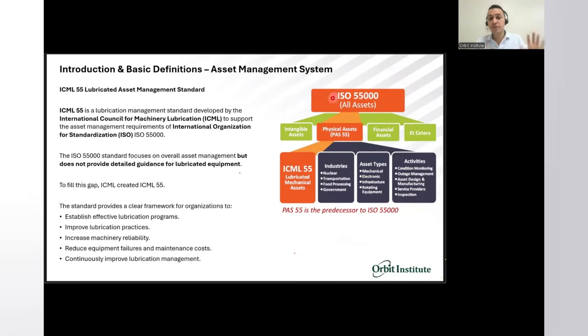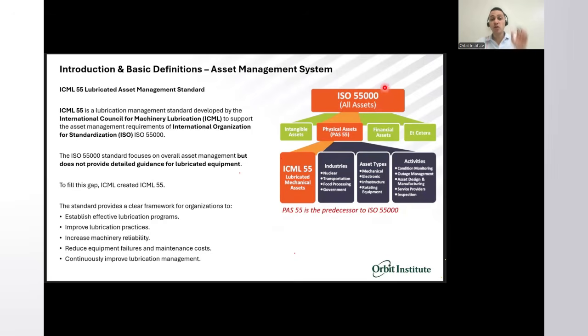Okay, so the ISO 55000 is a systematic standard that talks mainly about all the assets, not only the physical assets, because there was a standard before the ISO 55000, it's called PAS 55, which is talking only about the physical assets.